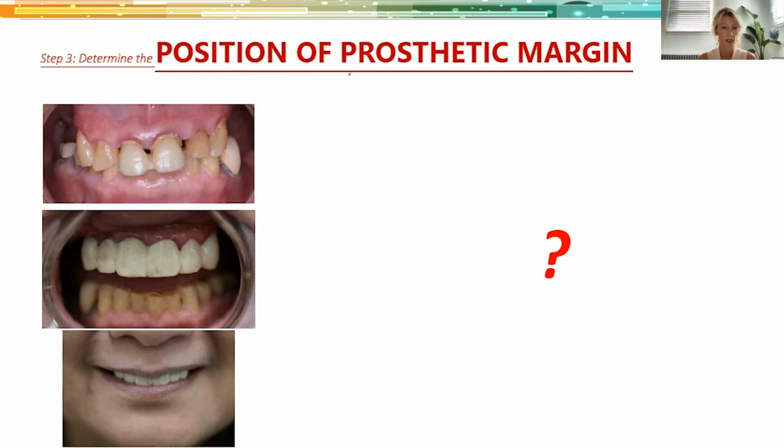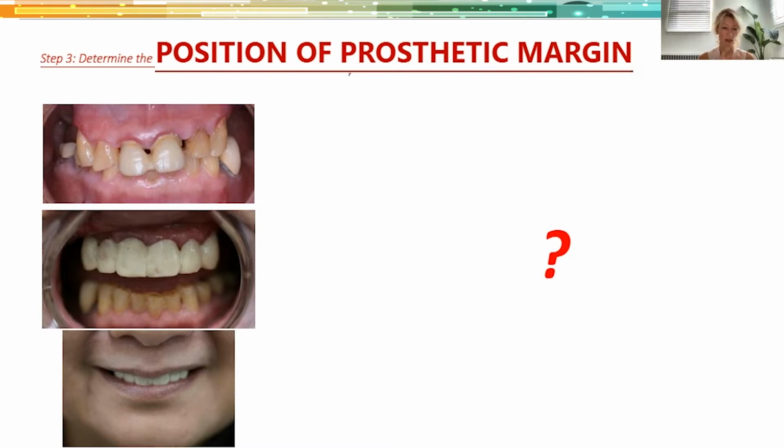Now in terms of position of the prosthetic margin, this is very hard to determine at this point because the patient is not properly using her lips at this time, due to her habitual trying to not reveal and protect the broken down teeth. However, once she has the immediate dentures, most of the time things change.